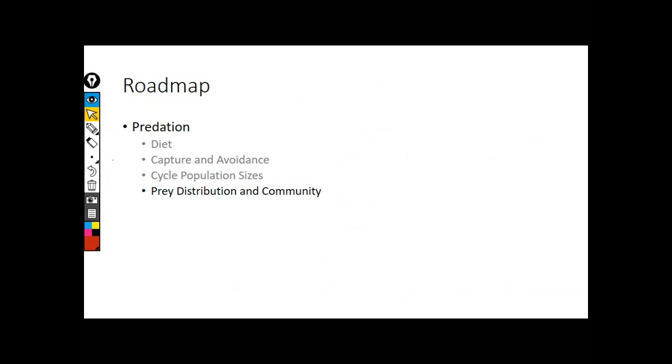So we want to start looking at, well, what exactly is the effect of having multiple individuals together creating this community, and what effect does that have? How can we look at that?